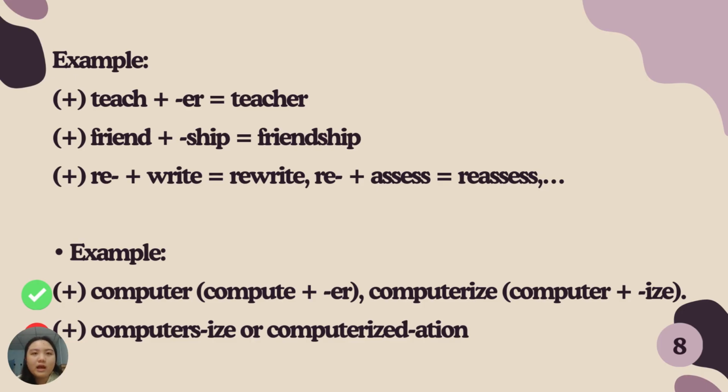No. Likewise, we can add tense inflection to the verb computerize, and talk about how yesterday we computerized something. But then we can't take that inflected form and use it as a base for a new derivation, computerized, and go with -ation, the suffix -ation. No.